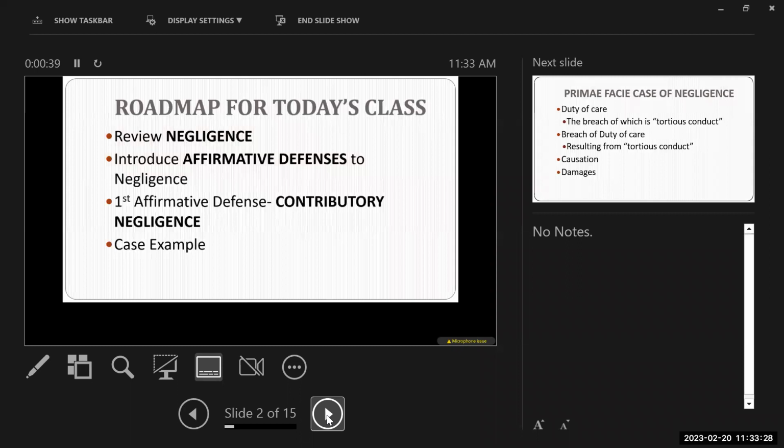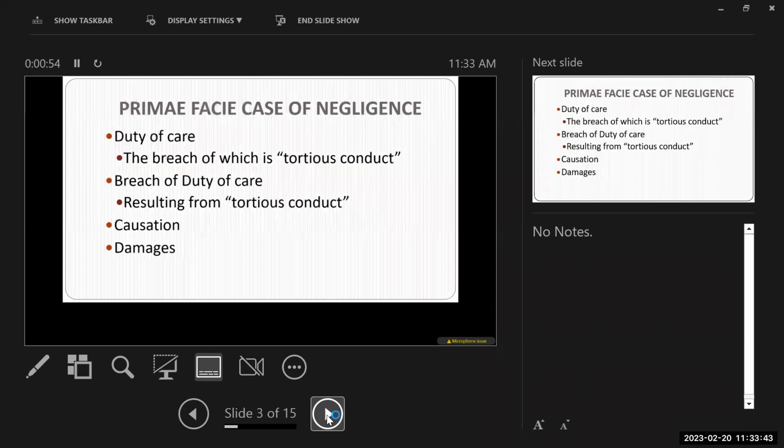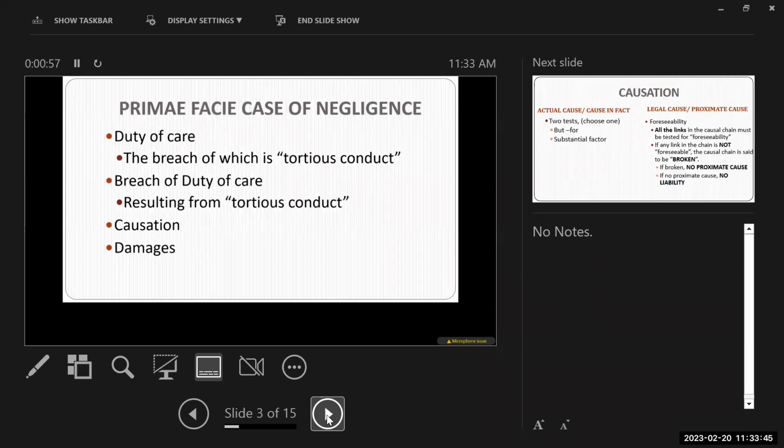We're going to focus on the very first affirmative defense that we're going to cover, which is contributory negligence. And then we're going to go through a case as an example of what the contributory negligence doctrine looks like in practice. Going back to negligence, let's start with what negligence is.